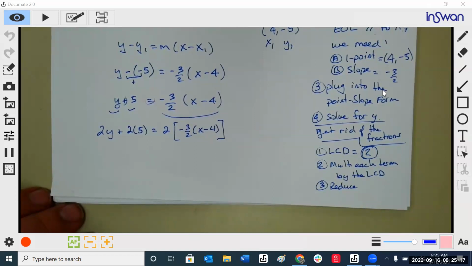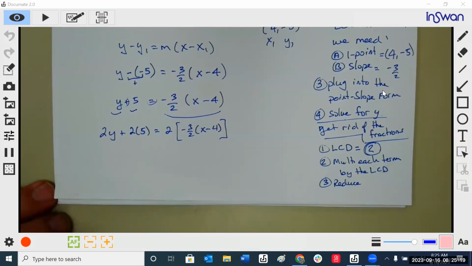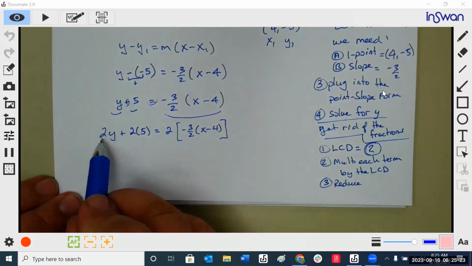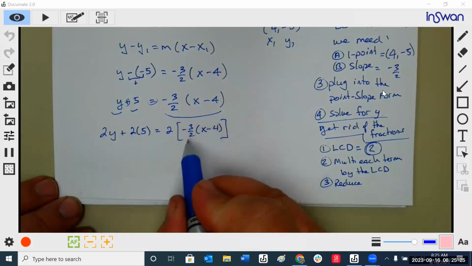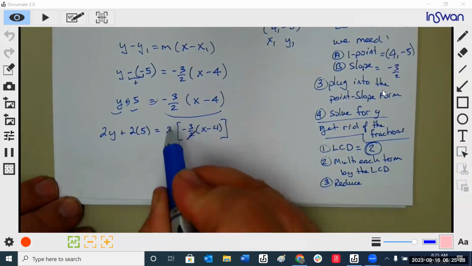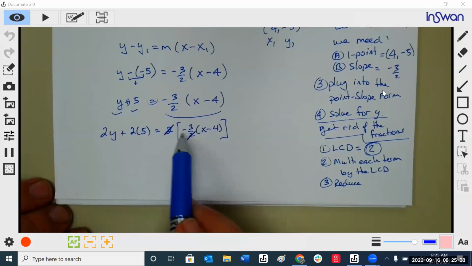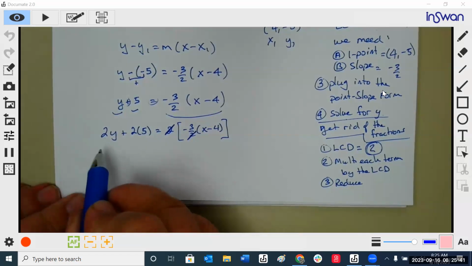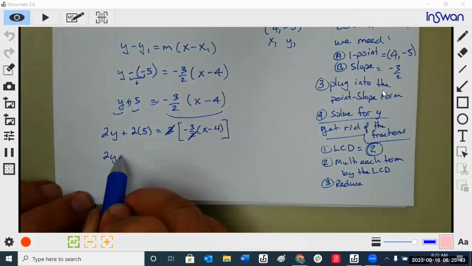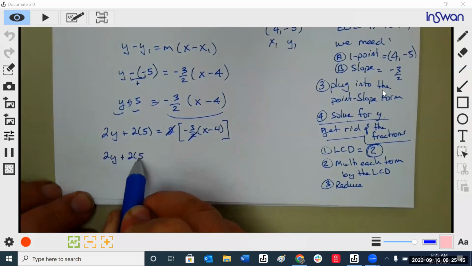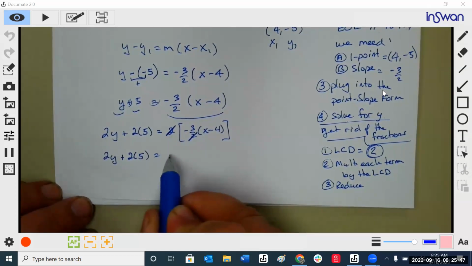I'll show you why also in a second. So nothing can cancel on the bottom here, nothing here, but this one can cancel. This 2 here and this 2 here cancel. So that 2 cancels that 2. So this is what we have right now. 2y, 2 times 5. There's nothing there anymore.